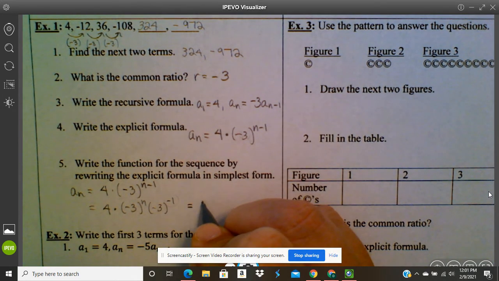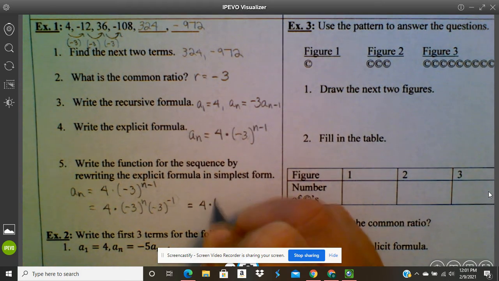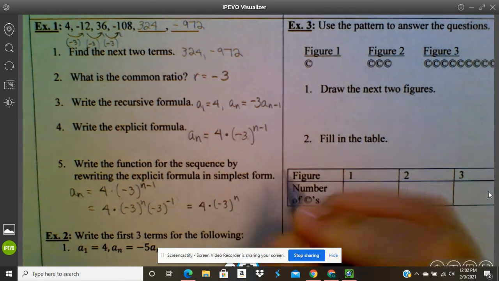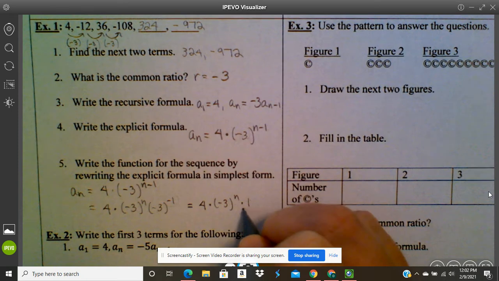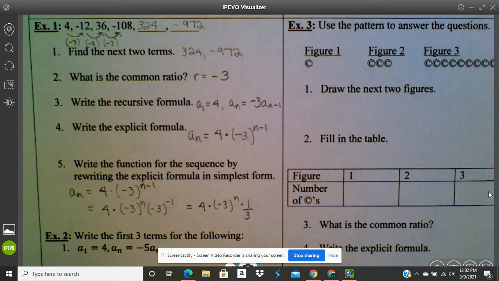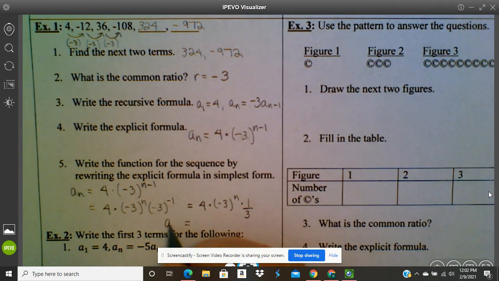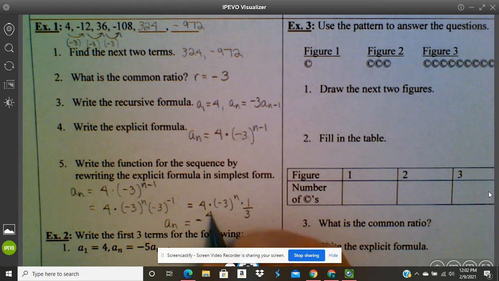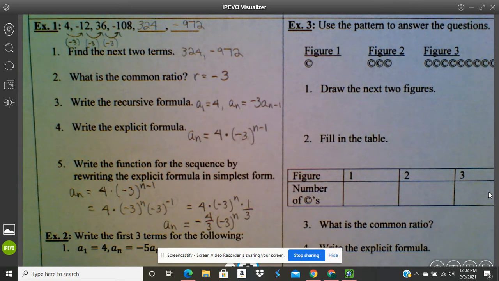So it's actually going to be 4 times negative 3 to the n power times 1/3. And so my final answer will be negative 4/3 times negative 3 to the n.